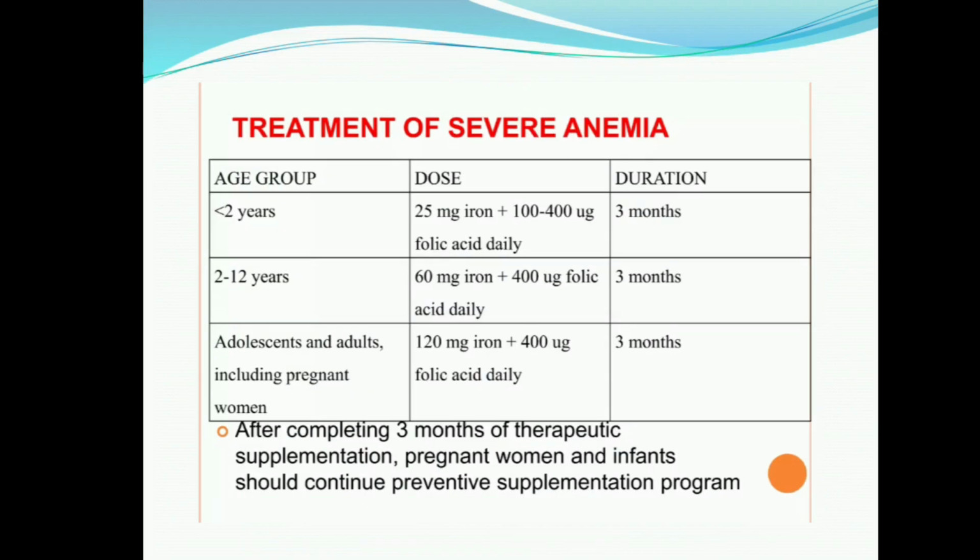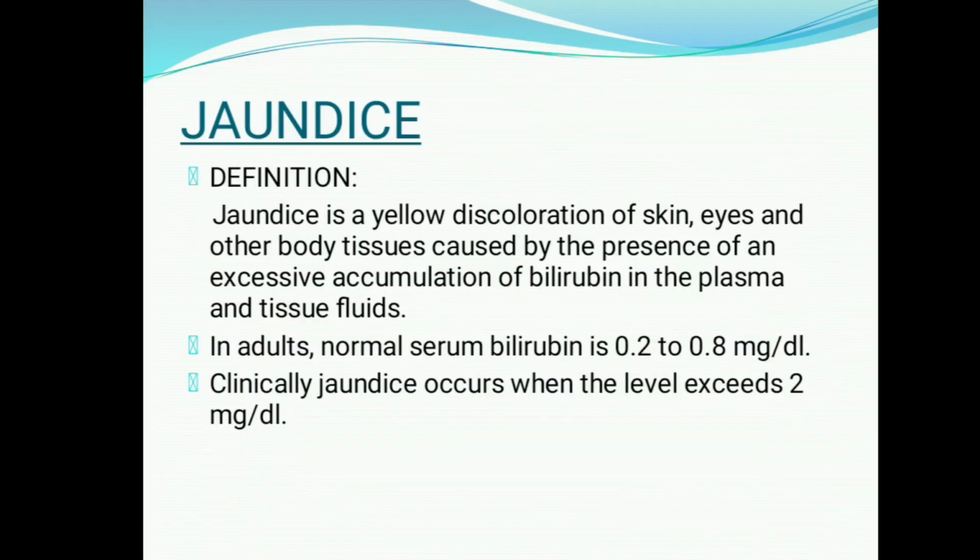When you write the long note on anemia, please try to mention the following topics. They are the introduction, classification, types, their symptoms, and finally their treatment. Hope you have understood anemia.